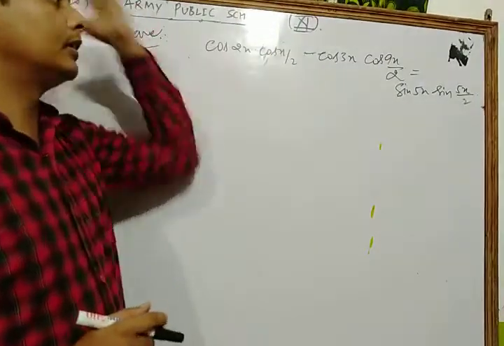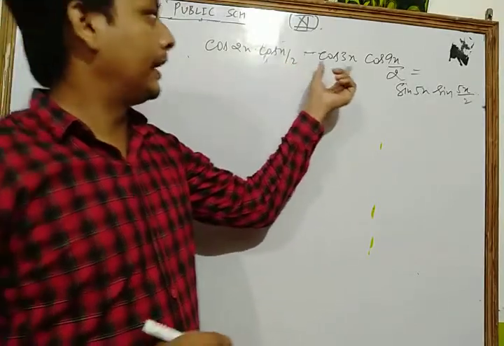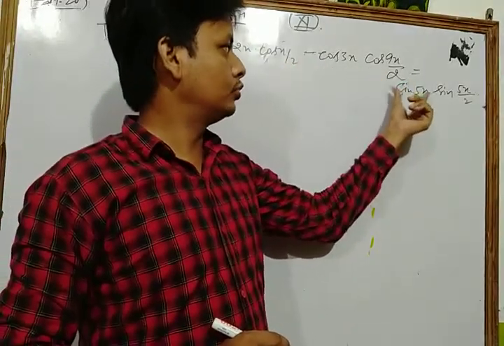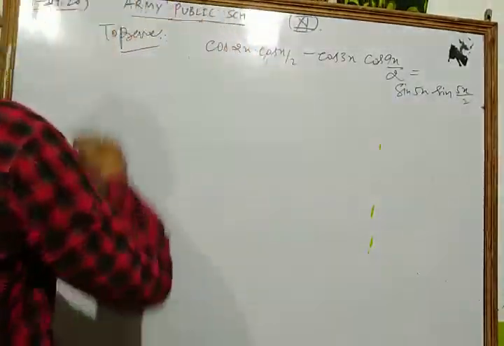This is the question here. We have to show that cos 2x into cos x by 2 minus cos 3x into cos 9x by 2 is equal to sin 5x into sin 5x upon 2. Now let's solve it.